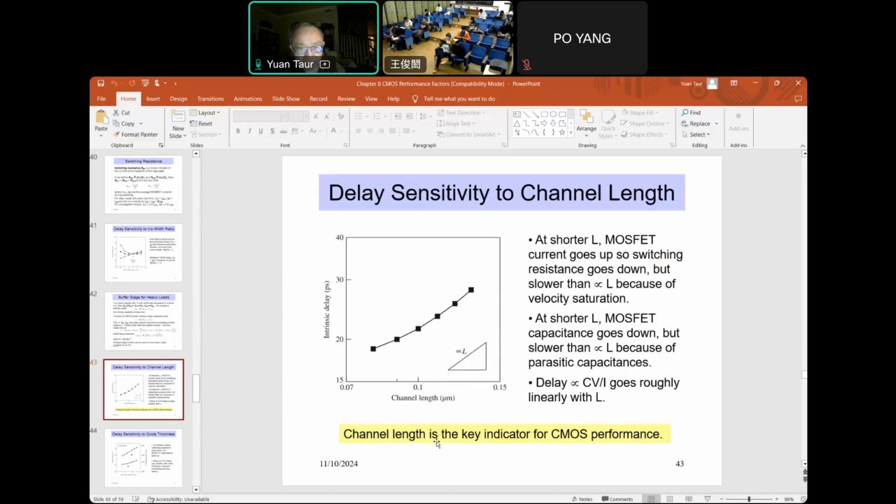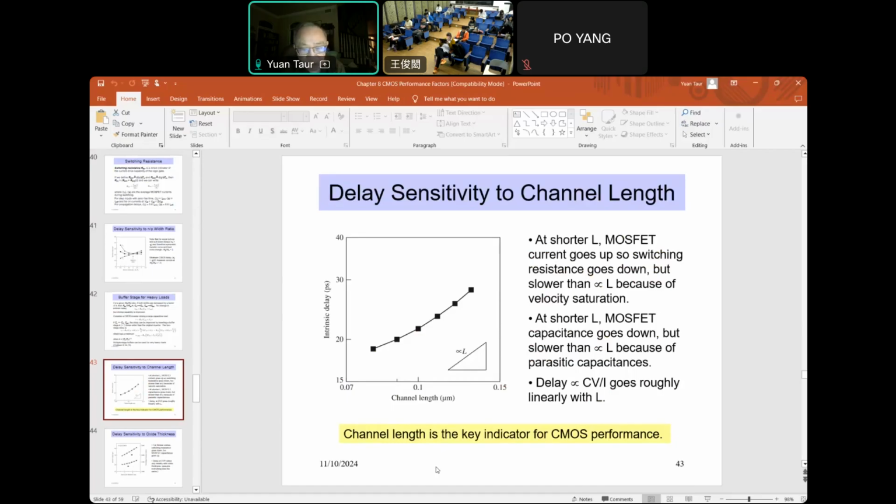Okay, but of course, as far as bulk CMOS is concerned, the channel length kind of stalled at about 20 nanometer. Okay, cannot go any shorter. Even if you go double gate or FinFET, the channel length is going down very slowly from 20 nanometer towards 10.